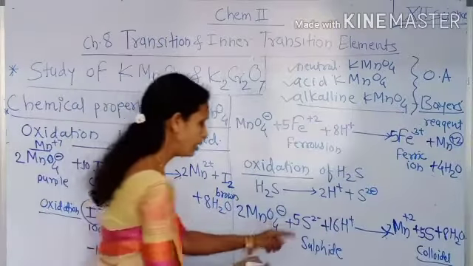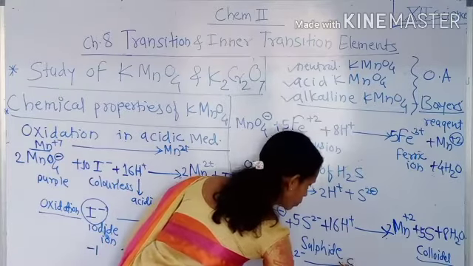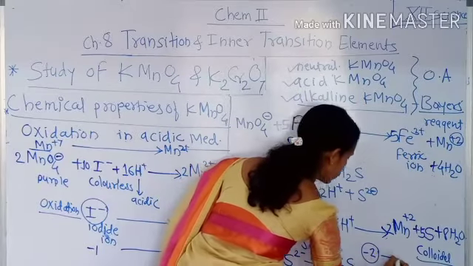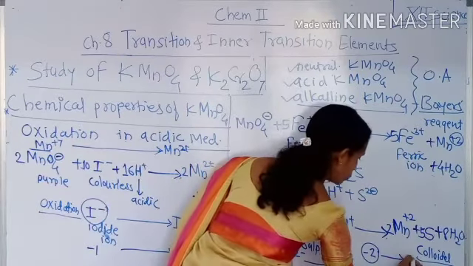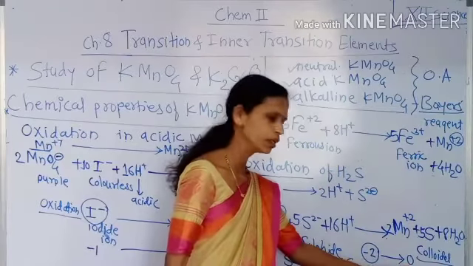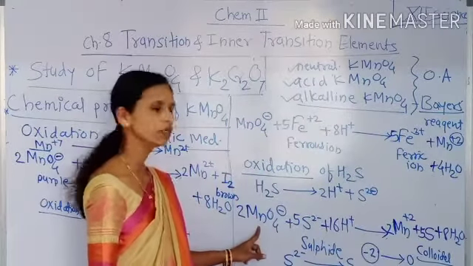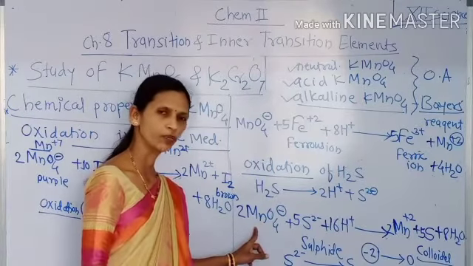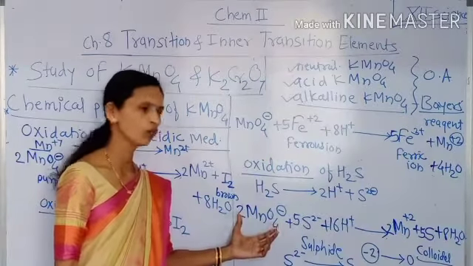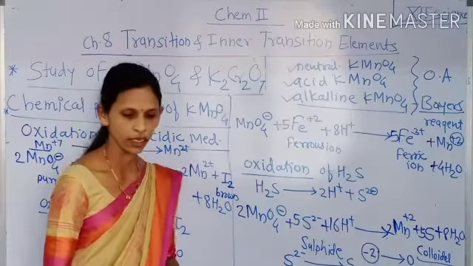Then see here, S2 minus is converted into colloidal sulfur. Here the -2 oxidation state of sulfur is converted into the 0 oxidation state. That means the oxidation state increases, that means the sulfide ion undergoes oxidation. It is due to the permanganate ion, and potassium permanganate undergoes reduction. Therefore, here the MnO4 minus ion acts as a strong oxidizing agent.